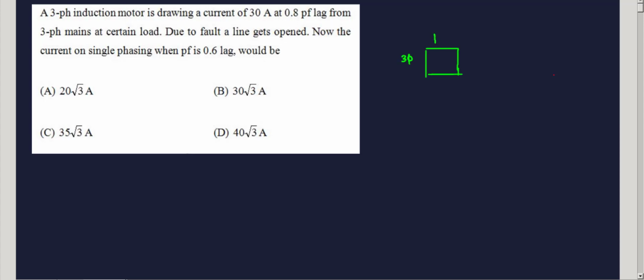Before, it has some input power. Now due to fault, one line is open. One thing we know is that if one line is opened, the power input to the motor remains the same. It does not change.